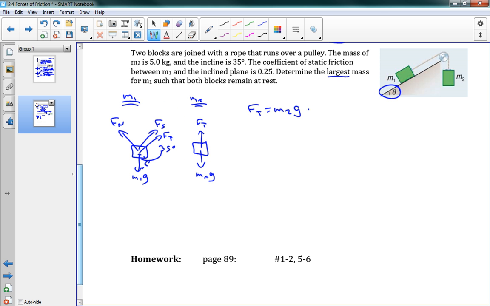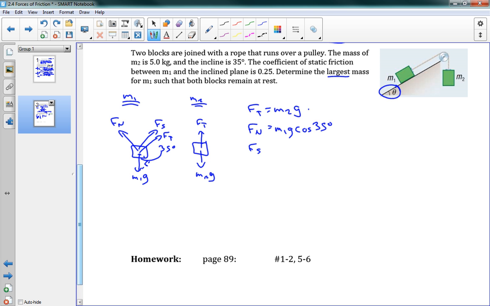This also needs to be in equilibrium, so we can make some good statements about that as well. So for instance, we can say on mass 1 that the normal force is equal to m1g cosine 35 degrees. Right? That's to say that those forces in that dimension need to cancel out to 0. Okay. What else can we say? Well, we can say something about the other dimension for that one.